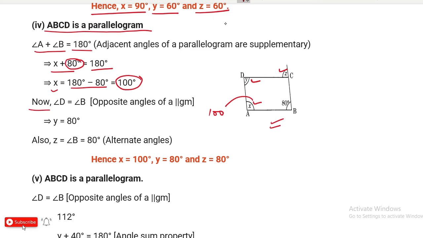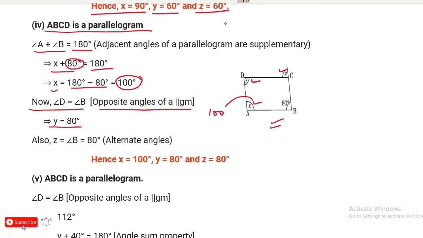Now angle D is equal to angle B, the opposite angle of the parallelogram. Why? Because it is the opposite angle, and we can use the property of the parallelogram. The property says the opposite angles of a parallelogram are equal to each other. Then y is equal to 80. Why?